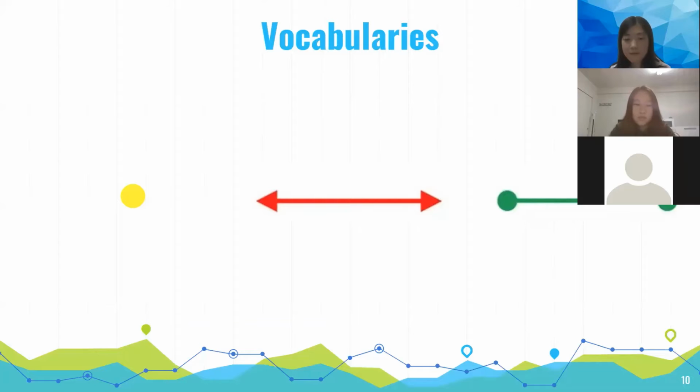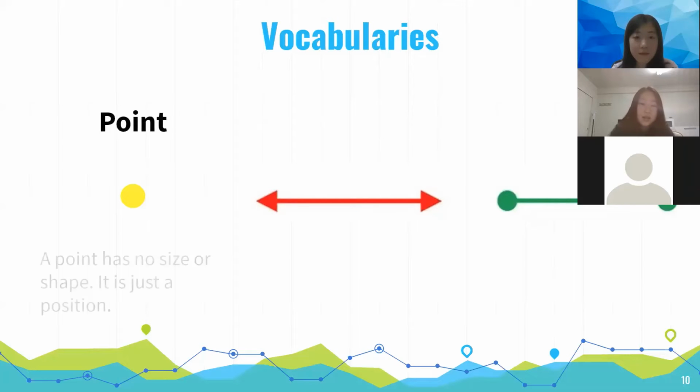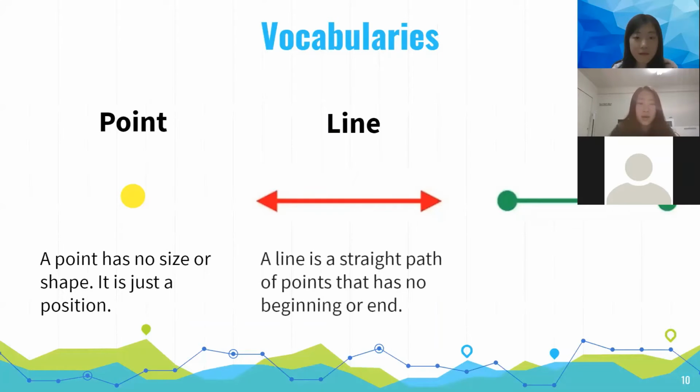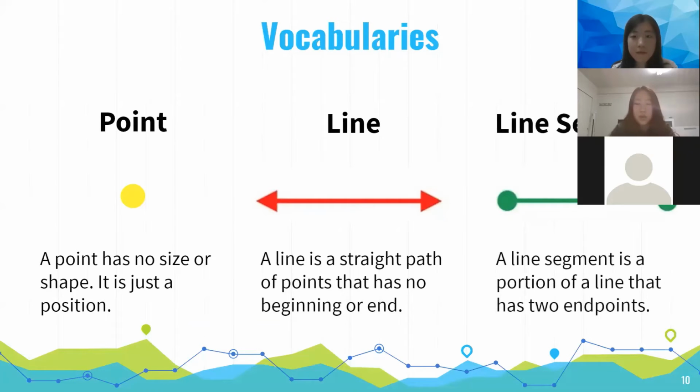Is the second one line segment? It's actually not the second one, it's the third one that is a line segment. Oh, okay. So the first one is a point, and the second one is a line, and the third one is a line segment.